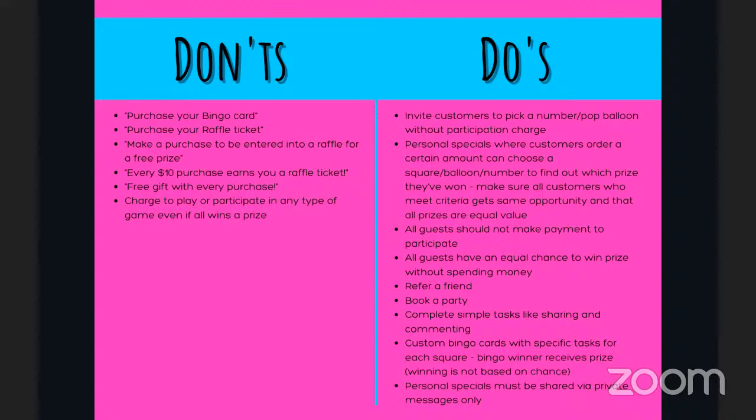How is it okay with the custom bingo cards, completing specific squares, and then once they do it, they receive a prize? I'm just trying to figure out how is it not based on chance.